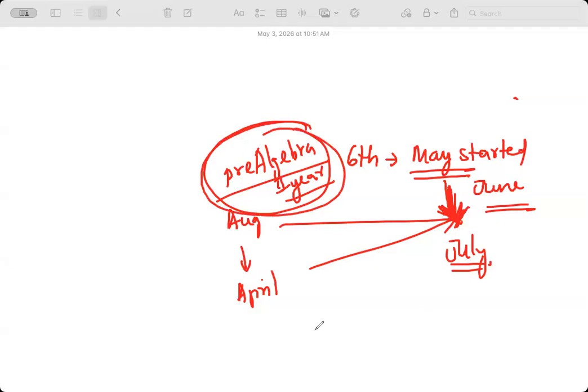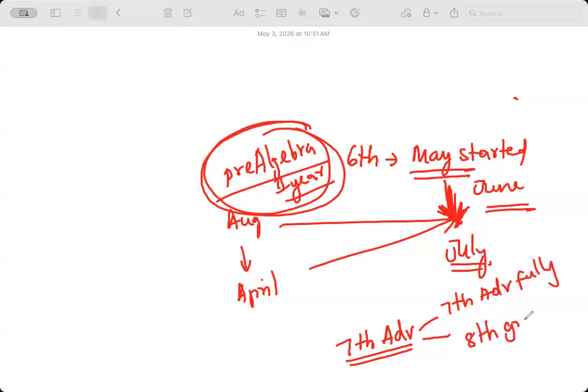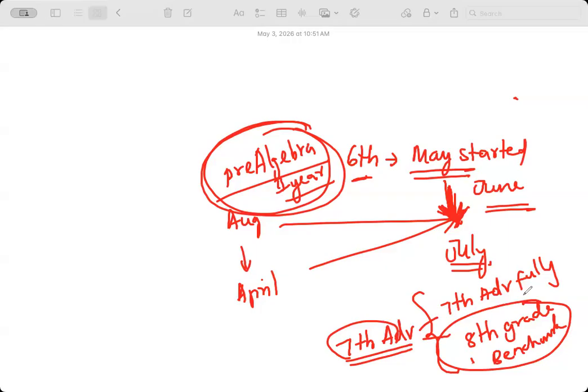In Plano ISD or whichever ISD, 7th grade advanced in Texas requires you to finish 7th advanced fully and the 8th grade level benchmarks. 6th grade they would have fed a little bit of it; in 7th they cover both. Then only a kid can go to Algebra 1 the next year. If they don't cover this, you cannot go to Algebra 1 next year.